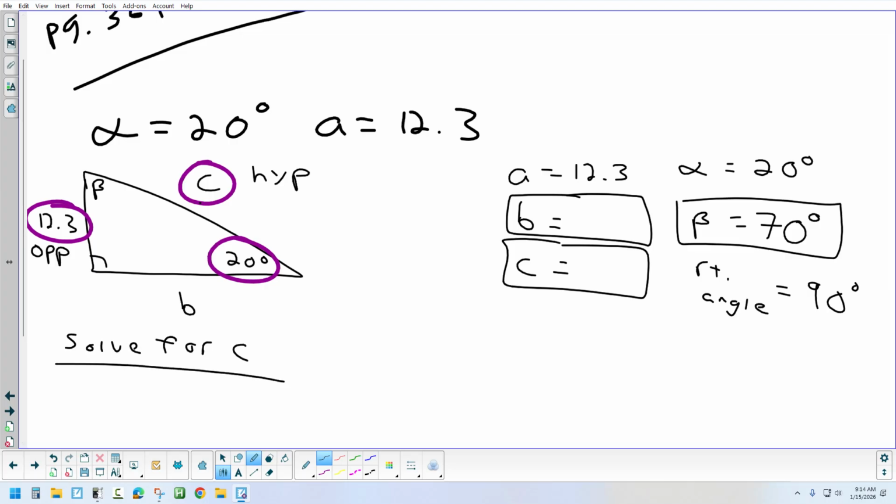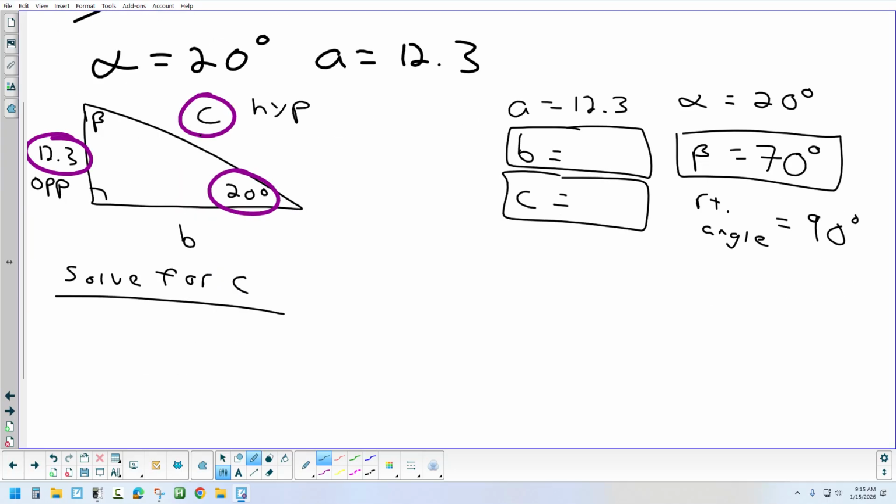So now when we solve for C, which trig function has opposite and hypotenuse in it? Yep, sine. So can you set up my equation for me? Sine of 20 equals 12.3 over C. Yep.